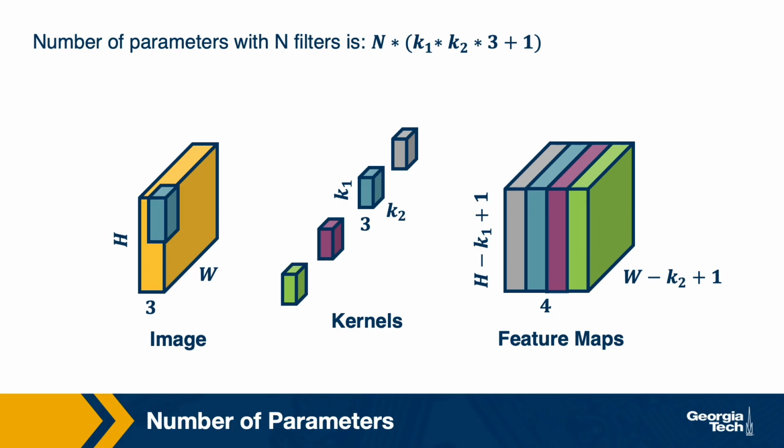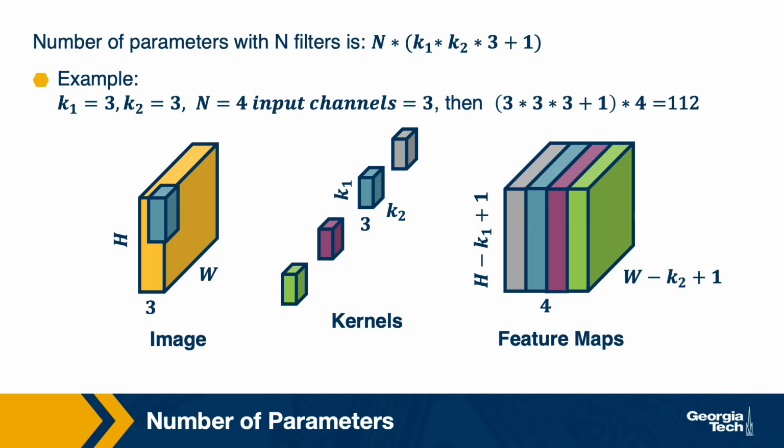And so let's say we have n kernels, we'll have n times K1 times K2 times 3 plus 1 parameters. As an example, if K1 equals 3 and K2 equals 3, and we have 4 of them, then our input channels are 3 and our output channels will be 4. And the number of parameters we'll have is 3 times 3 times 3, which is 27, plus 1, which is 28. And then we multiply that by 4 because we have 4 kernels. And so the total will be 112. So that's how many parameters we're optimizing using gradient descent.